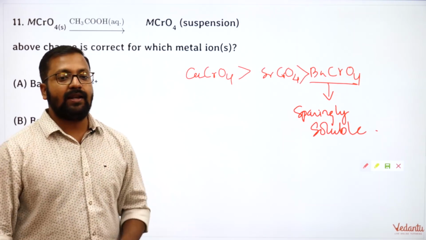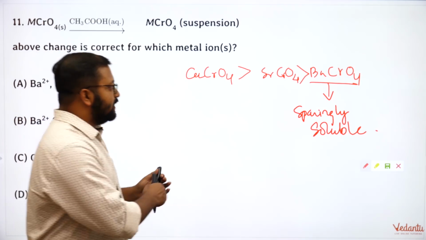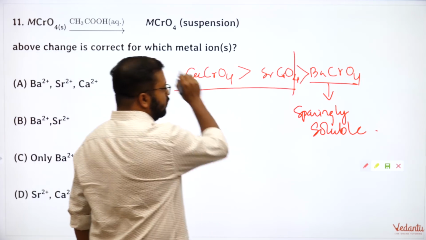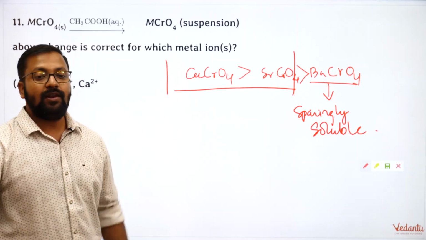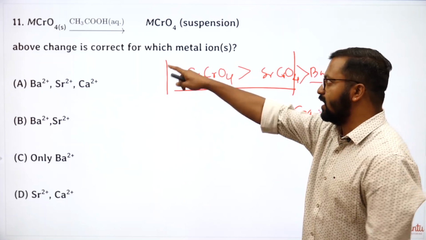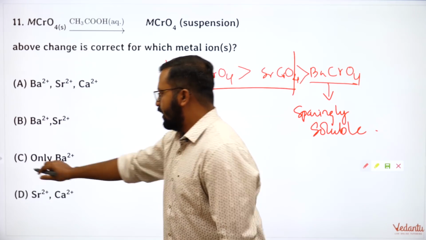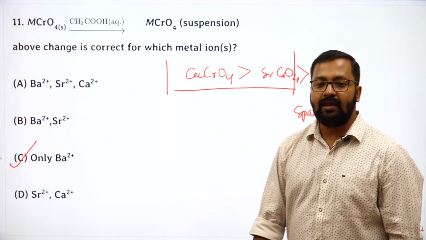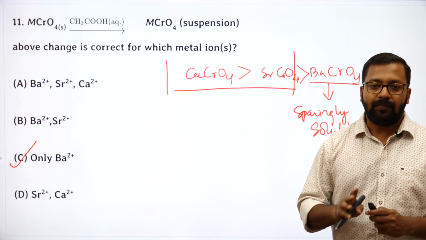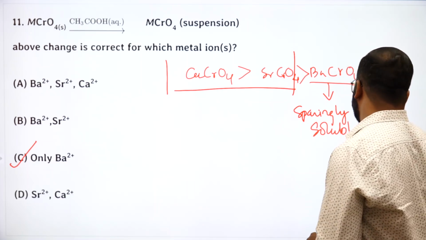If it is sparingly soluble, then it will always form a suspension. So remember that these two will dissolve without any problem, but that will not dissolve completely and will form a suspension. So for which metal ion is the above change correct? Not all three of them. The answer is C, only Ba2+. Let's move on to the next question.